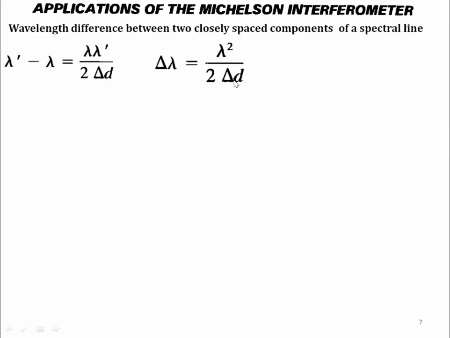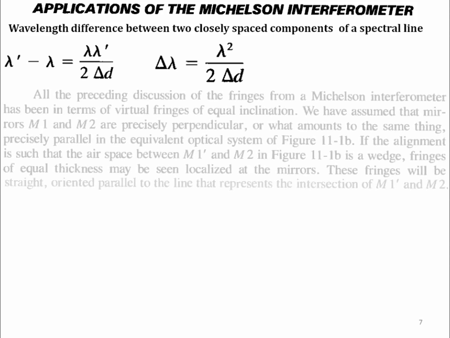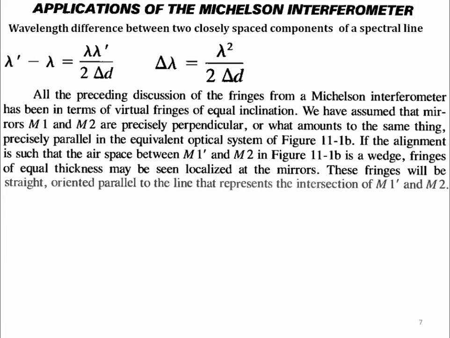And delta d is something which we can measure from our scale provided for moving the mirror, say M2. So from that we will be in a position to obtain delta d, and hence we can determine the wavelength difference.